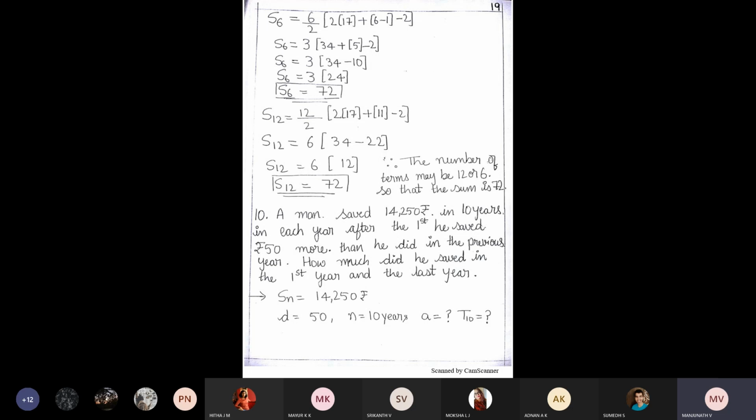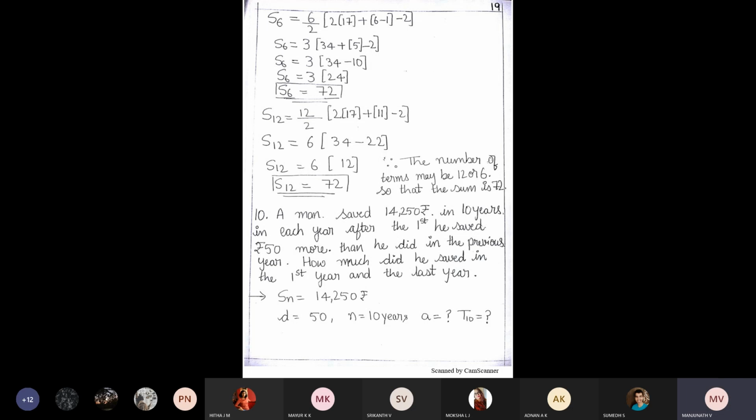Yeah, I think Srikanth is probably right. Sn is n by 2 into 2a plus n minus 1 into d. 10 by 2 into 14,250, 5. Okay. And 10a plus 450 into 5, 2250. Yeah, I think Srikanth is right.